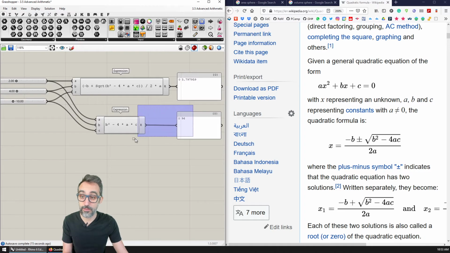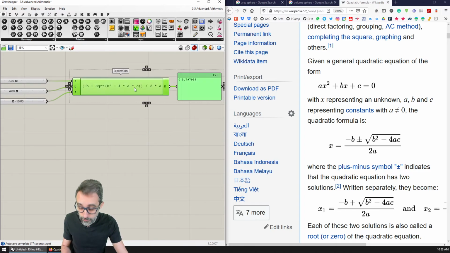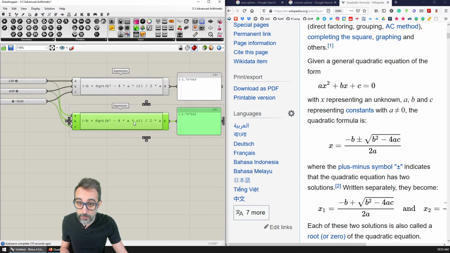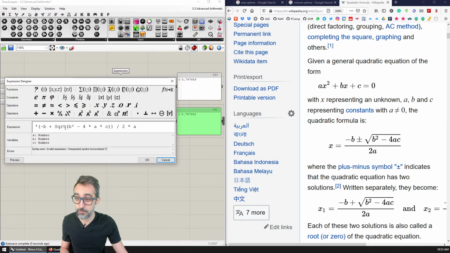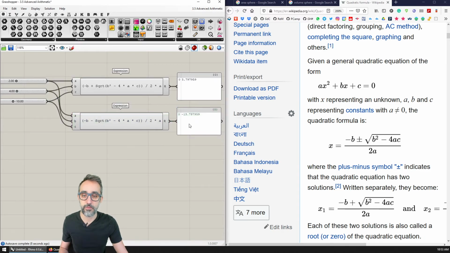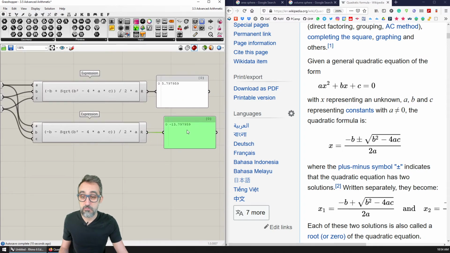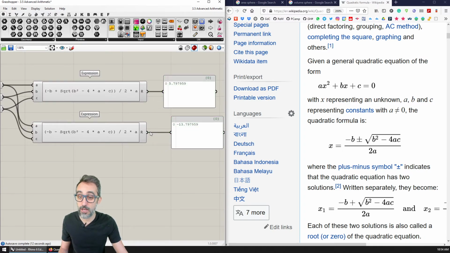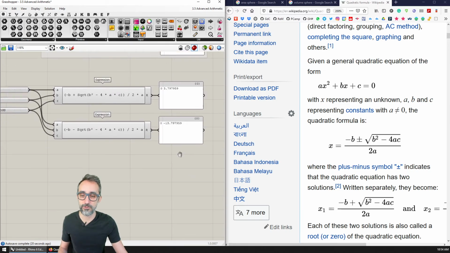Wonderful. And what about the other one? Well, the other one is going to be the exact same one, but negative. With this part here being a negative number, so that's going to be this one here. So I'm just going to have the two results here.